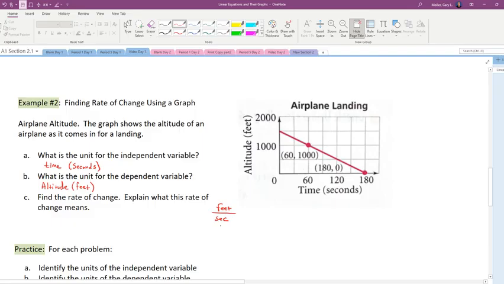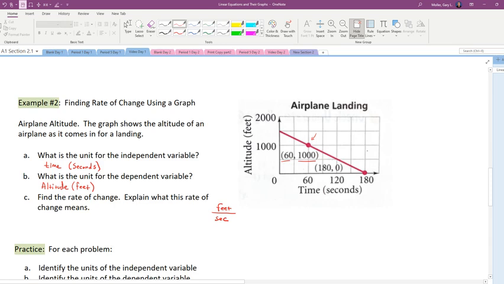All right. So what we need to do is find some data points that we can use to do some counting. And it's given us a couple to look at. It's given us this point right here, which is 60, 1,000, and then it's given us 180 and 0.